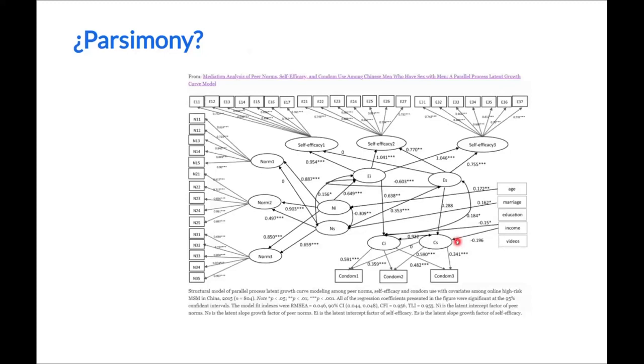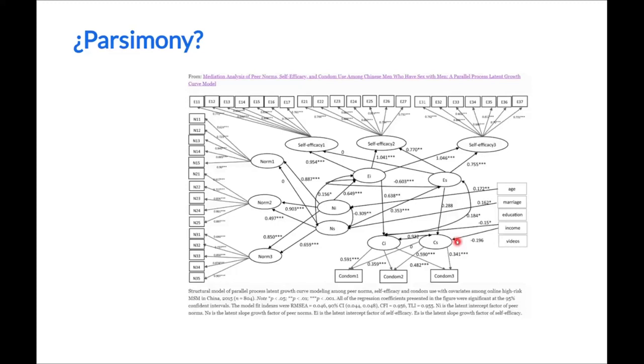Because for me the idea of parsimony is very important, the idea of simplifying reality. After simplifying reality, we try to explain the relation between different elements and try to simplify the measures, because we have too much complexity in reality. After that, we can observe models like this, in which it's very, very difficult to follow what the relevant relations between the different elements are.